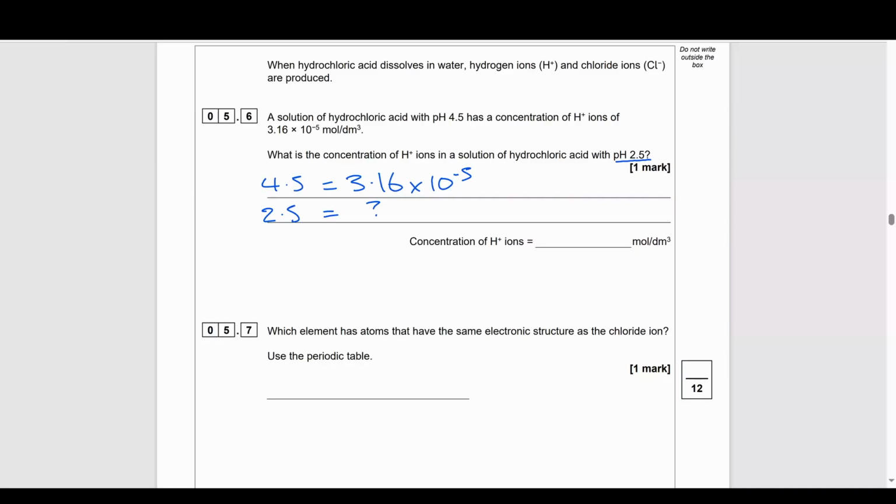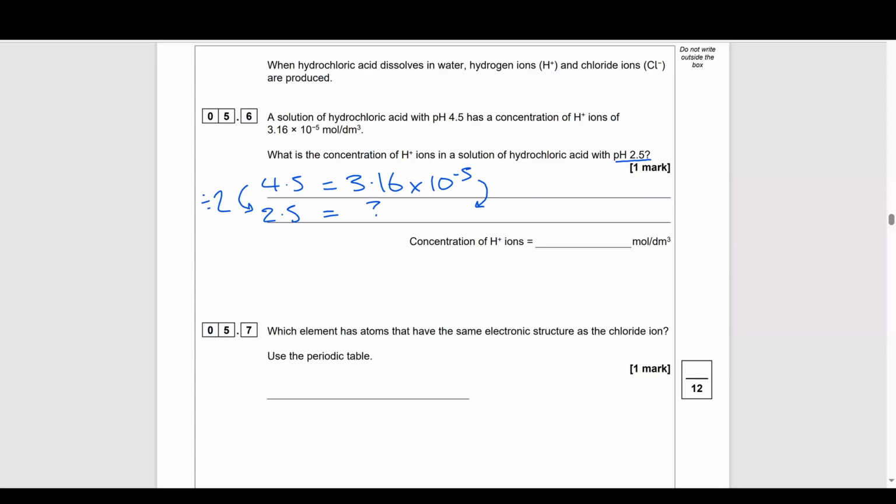Well, normally what we would do is we'd find out the factor between these two values and then use that same factor to find out our missing value. Well, we can easily see that to go from 4.5 to 2.5 we're dividing by 2.